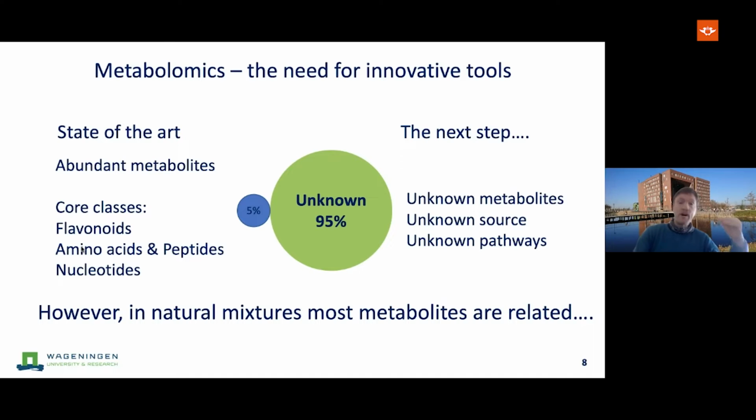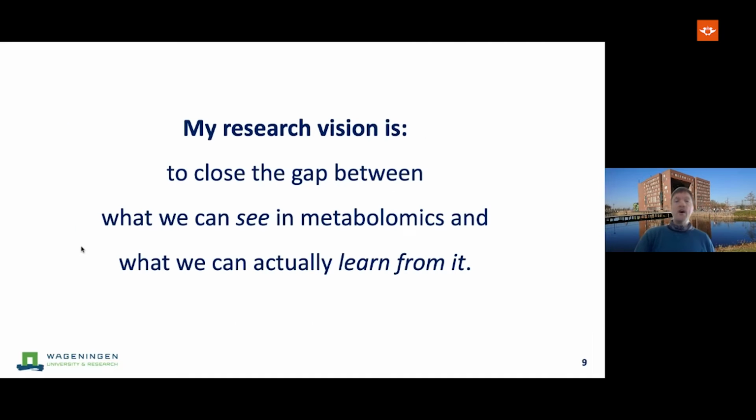However, and then think back about what I said previously, in natural mixtures, most metabolites are connected somehow, right? Through pathways, through substructures, and therefore I want to use that to close the gap between what we can see in metabolomics, the spectra, and what we can learn from it, the structures, the biochemistry, the functionalities.